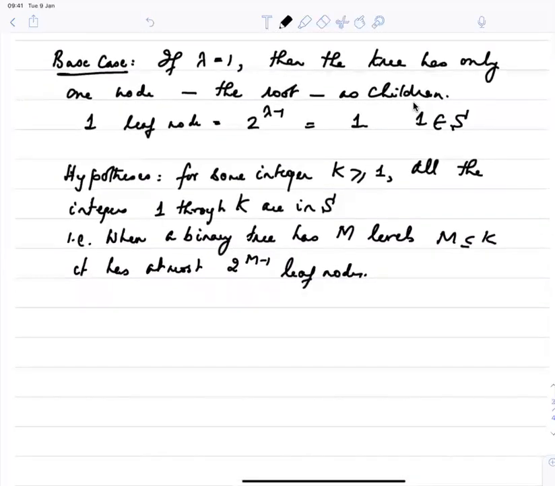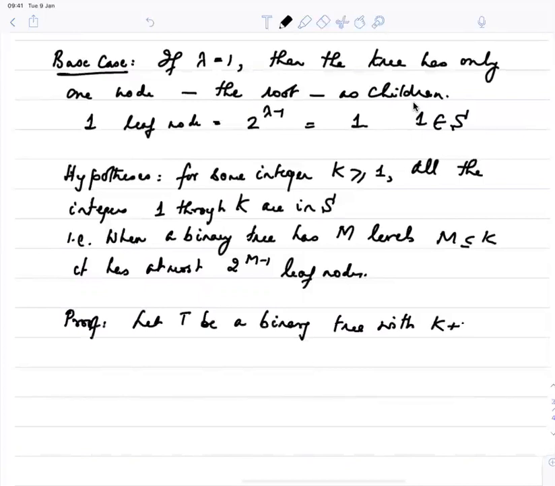Now the proof. Let T be a binary tree with k plus 1 levels. So we're looking at a tree T with maximum number of leaves. Okay.